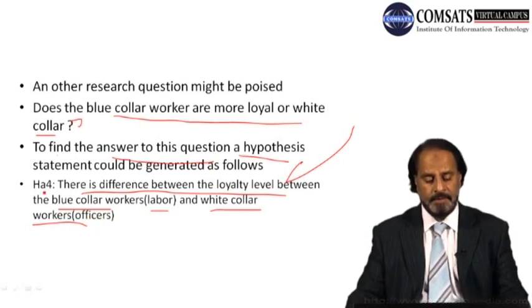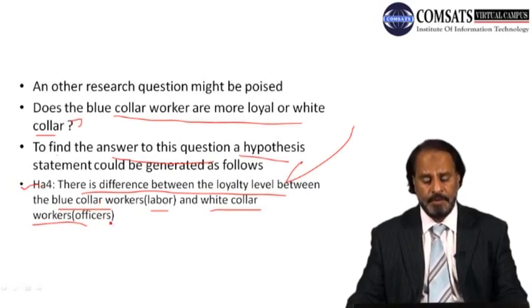So here we're trying to see that there is a difference between the two groups, and we're not sure who has more loyalty. We want to test that. So this is a hypothesis statement for that.